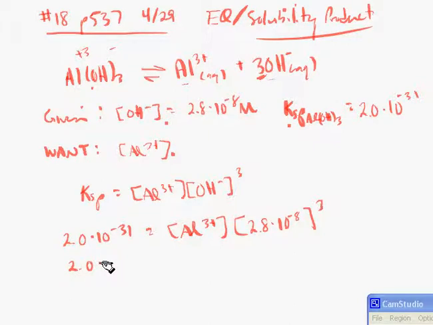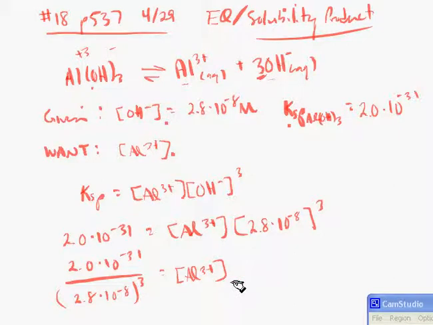And so we're going to end up with this divided by 2.8 times 10 to the minus 8, and that's cubed, Al3 plus. Let's go ahead and do that calculation.